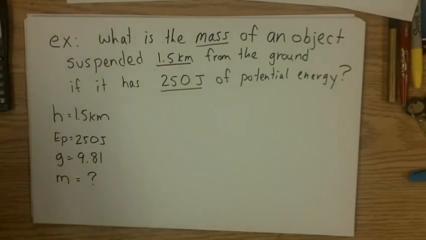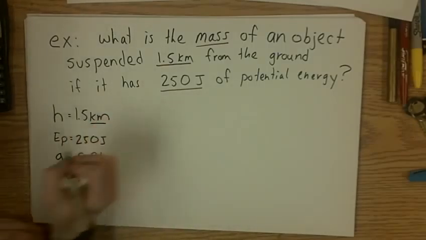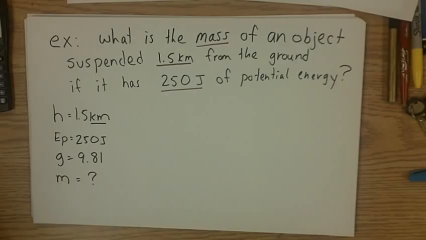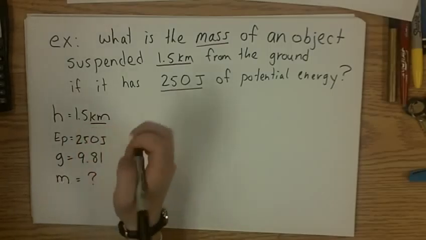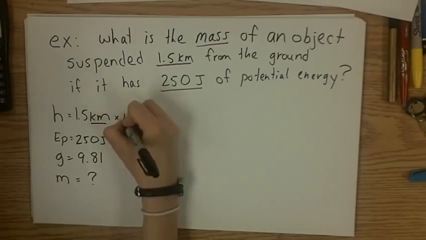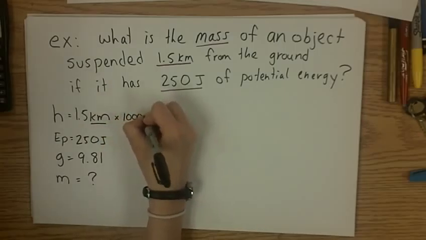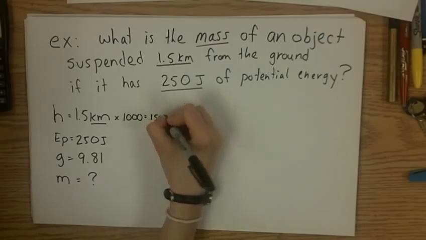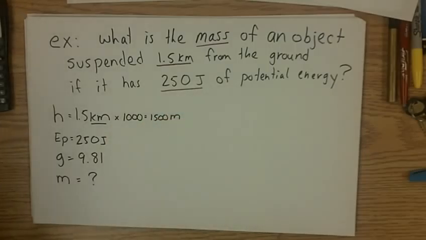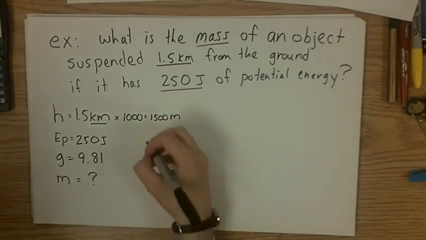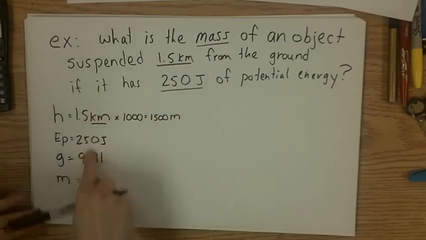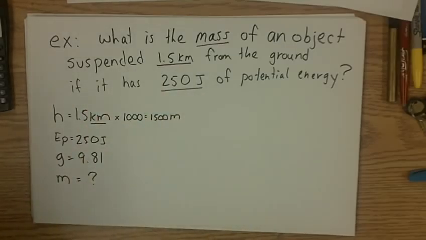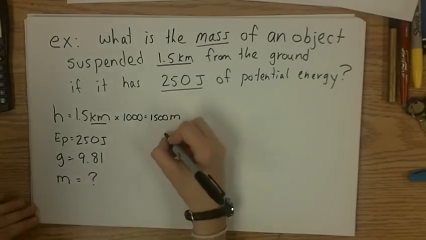Now, before we can go any further, we have to notice this kilometers. If you put the wrong units into a formula, you're going to get the wrong answer. The formulas only work with the official units. Since kilometers is not the official unit, we have to times it by 1,000 to get 1500 meters, which is the official unit. Now, we've listed. The next step in LERS after listing is picking the equation.